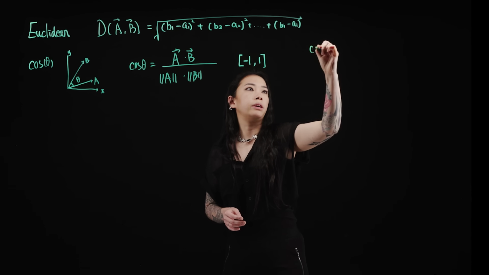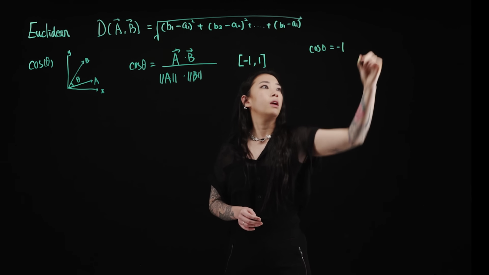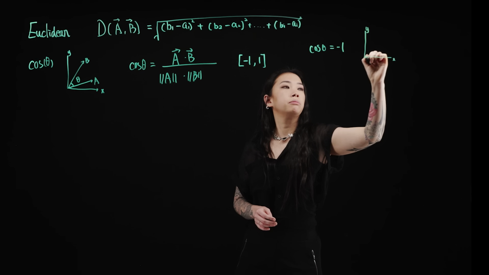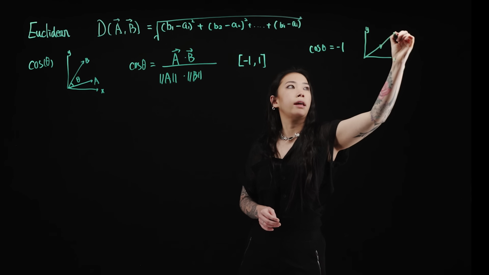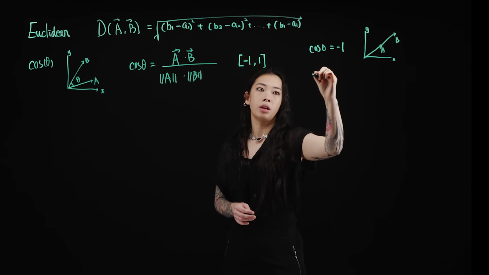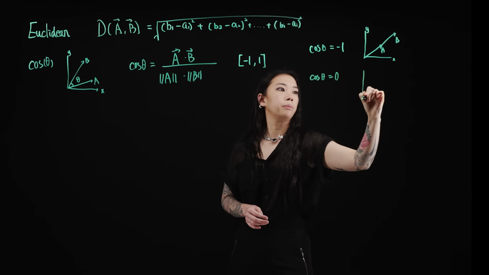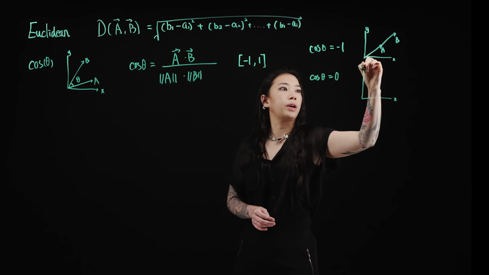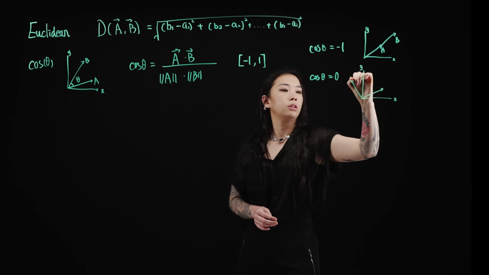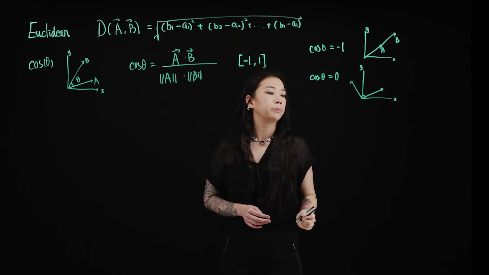When the cosine similarity is equal to 1, that indicates that the two vectors are pointing in the exact same direction. When the cosine similarity is equal to 0, that means the two vectors are pointing at 90 degrees or perpendicular.